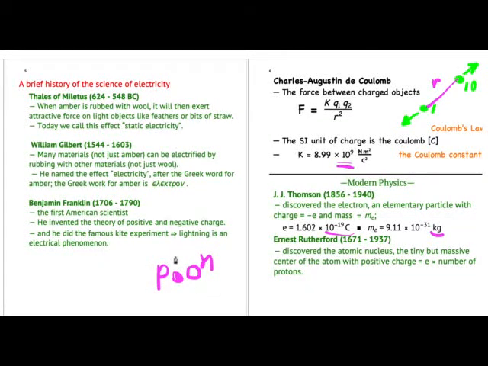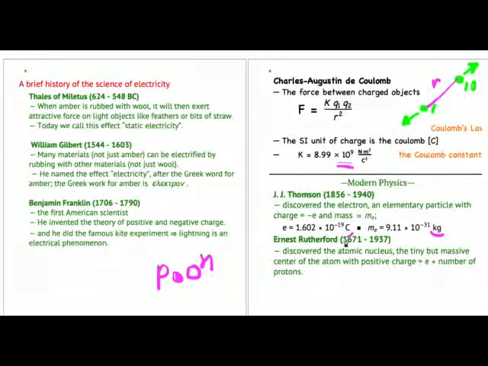Now, it was Ernest Rutherford. This is wrong. He died in 1937. So that number that I wrote down is definitely wrong. That must be 1871.